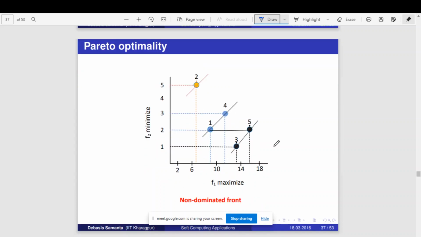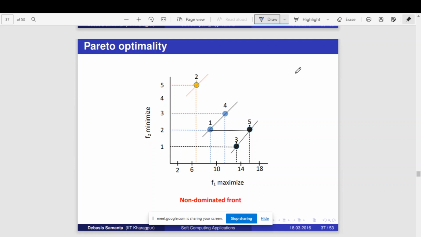Right. So now we'll be coming on to Pareto optimality once again. So could you recall the definition of a Pareto optimal solution? When will you say the solution is Pareto optimal? Last class we have discussed.